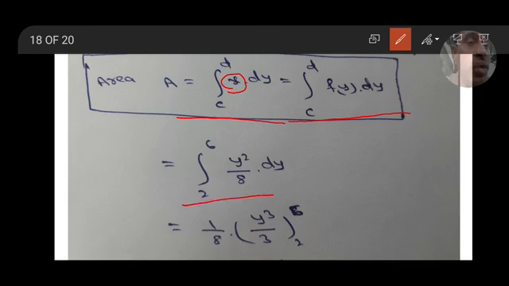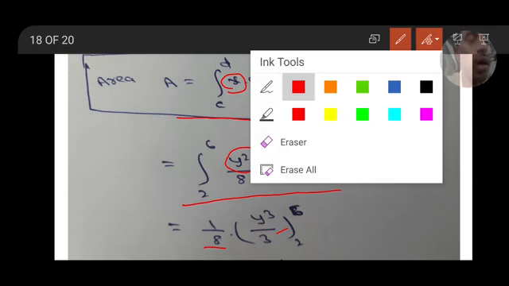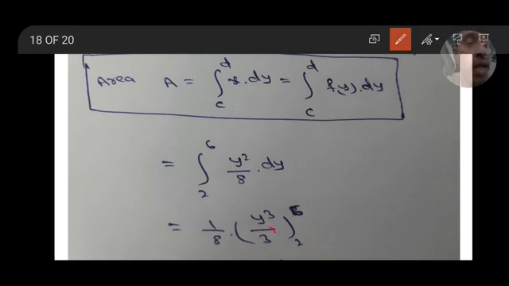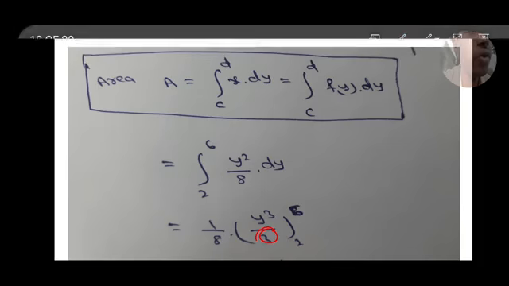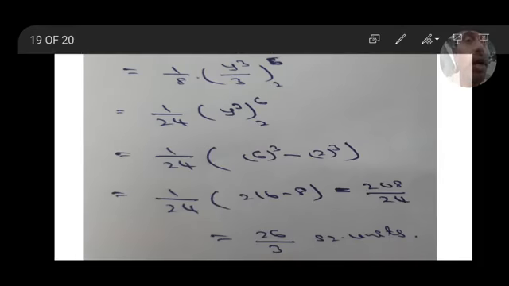Substitute integration 2 to 6, y square by 8. Okay, 1 by 8 is outside, y square integration is y cube by 3, 2 to 6. Okay, another 3 is outside, means 1 by 8 into 3, 24, then it will come 1 by 24 y cube 2 to 6.